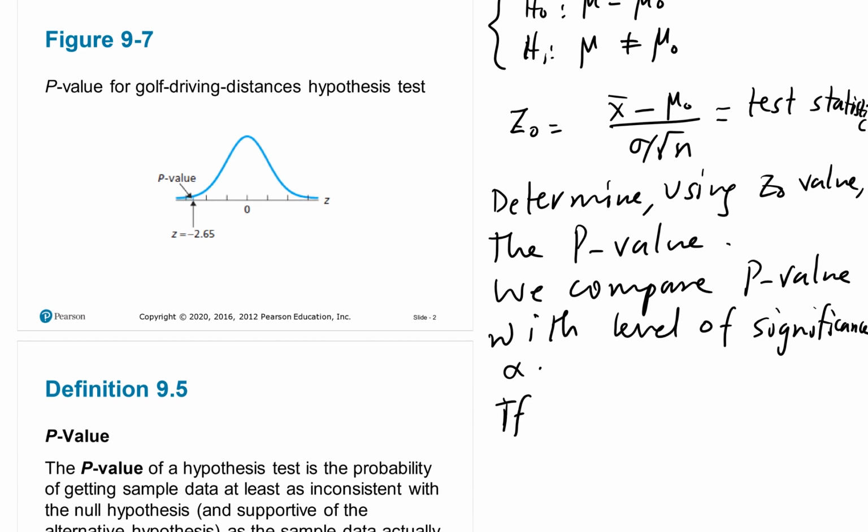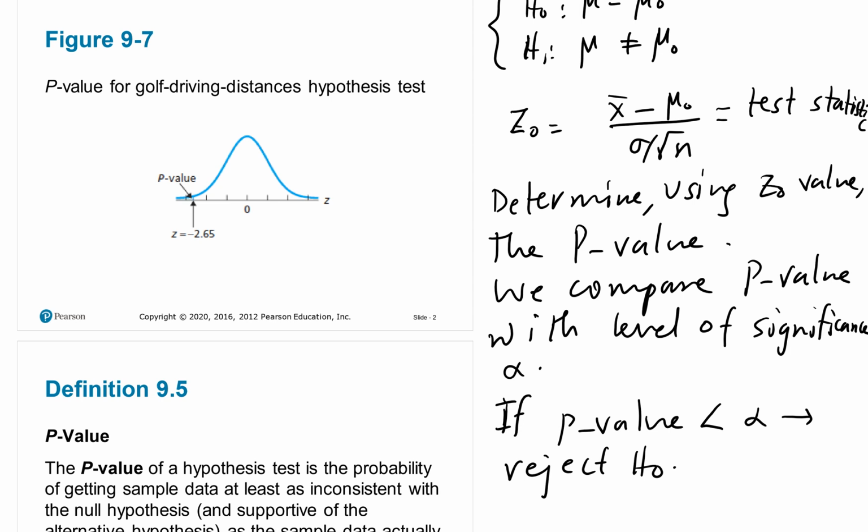If the p-value is less than alpha, we reject the null hypothesis. People usually call it the decision rule. So this is the procedure.